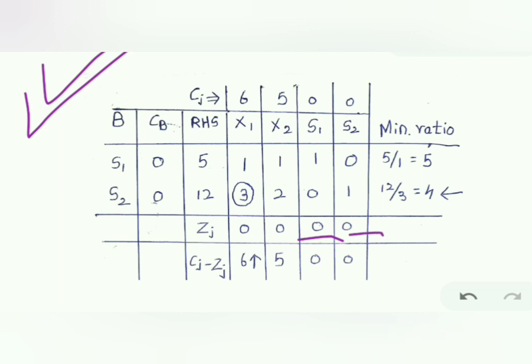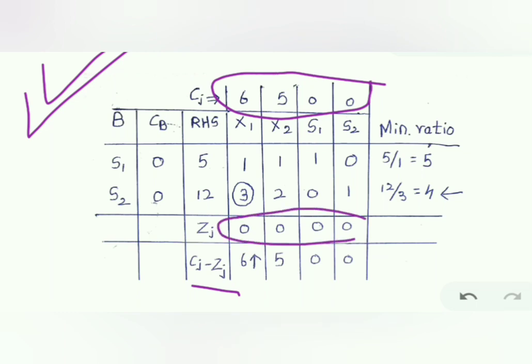So this is how we get Zj. Now our aim is Cj minus Zj. Every value should be 0 or negative, and only then can we say that the solution is optimal.